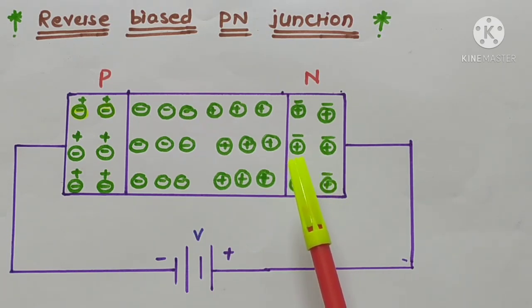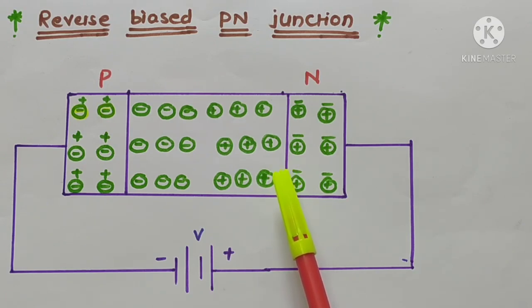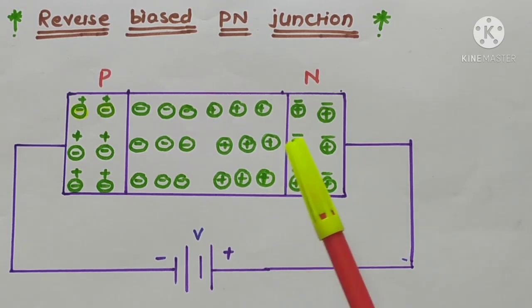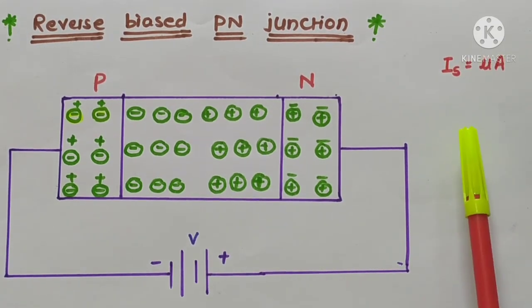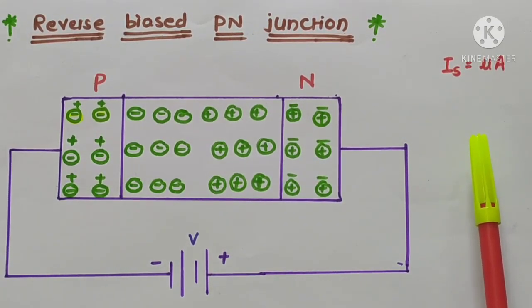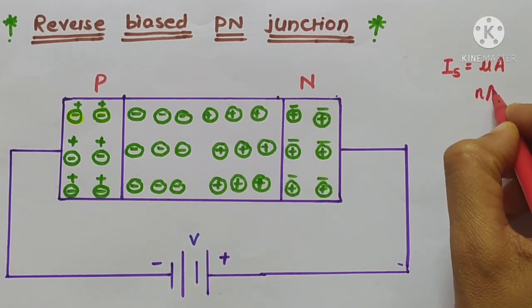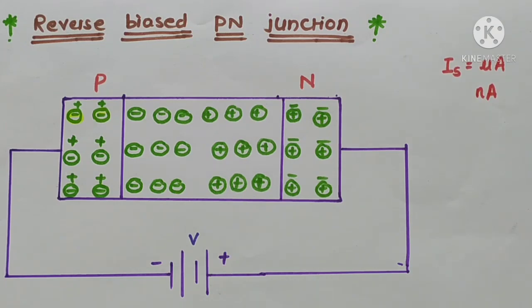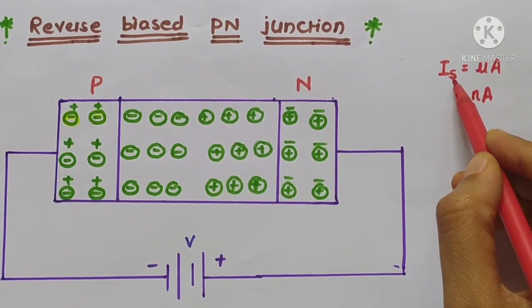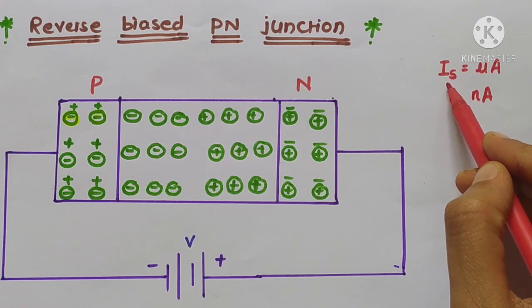Typically this reverse saturation current used to be in the range of microampere. But nowadays, due to advancement in technology for silicon devices, it is in the range of nanoampere. Let's denote this saturation current as IS.